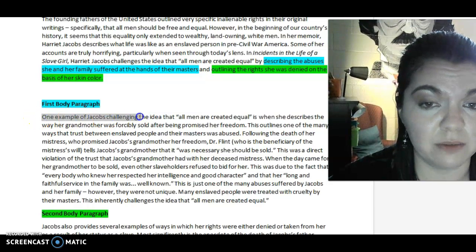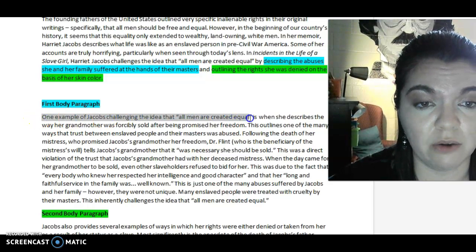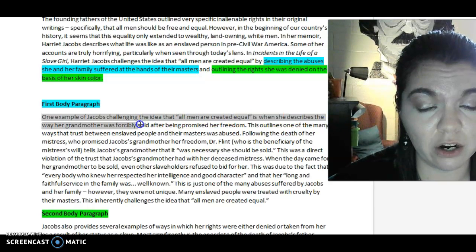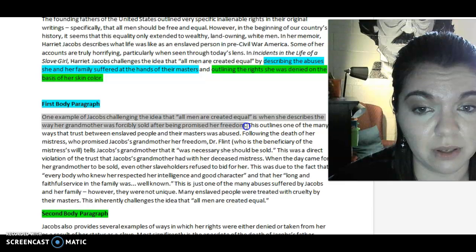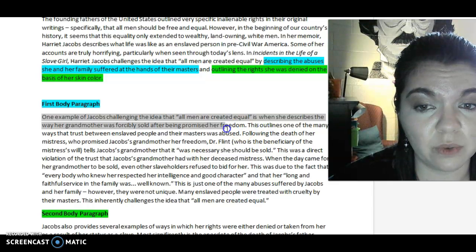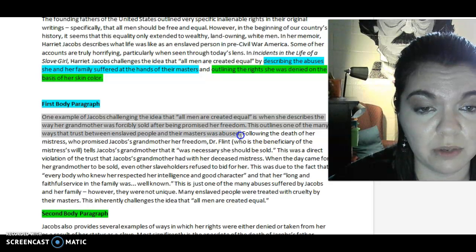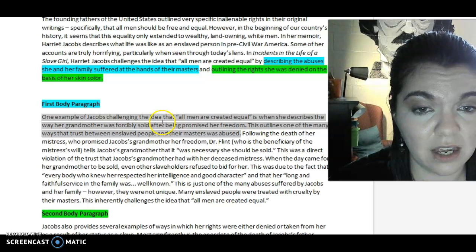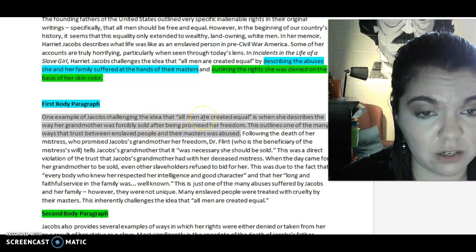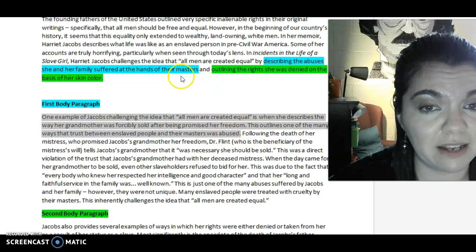One example of Jacobs challenging the idea that all men are created equal is when she describes the way her grandmother was forcibly sold after being promised her freedom. This outlines one of the many ways that trust between enslaved people and their masters was abused. This specific topic sentence tells you exactly what point you're trying to prove, and it connects back to your thesis statement.